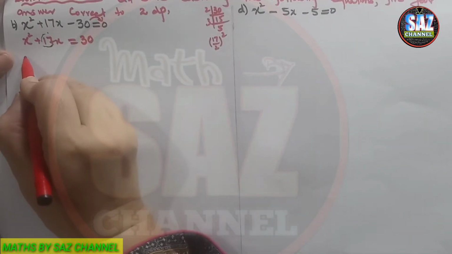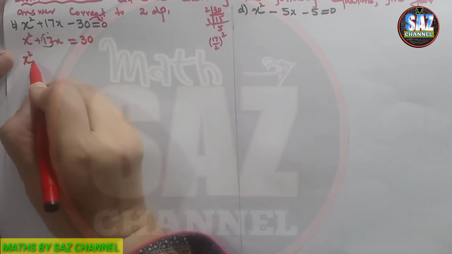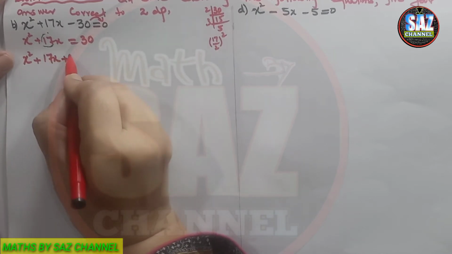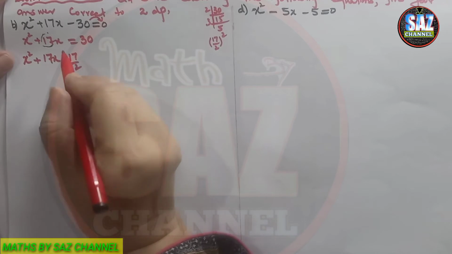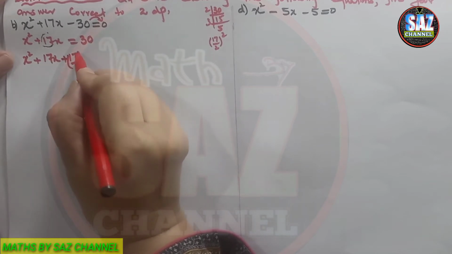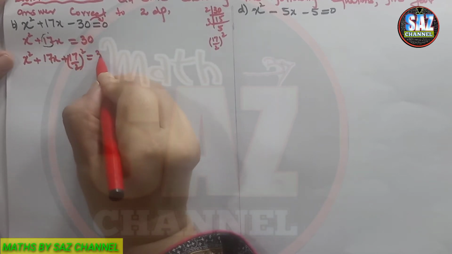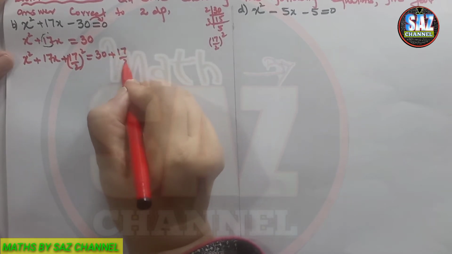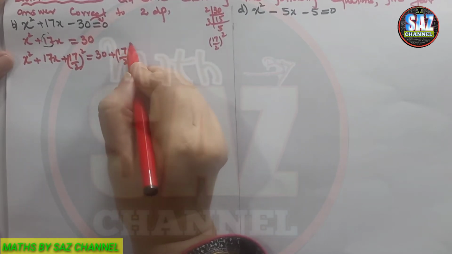So coming to the question, it will take the form x square plus 17x plus (17 by 2) whole square equals 30 plus (17 by 2) whole square.